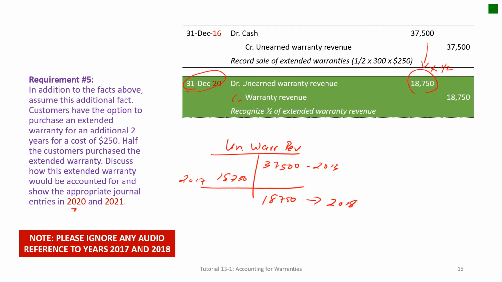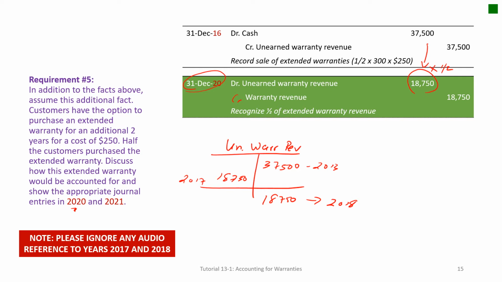And so now we jump ahead to 2017, which is the first year of the extended warranty. It's at this point that we can actually earn a portion of the extended warranty. So the $37,500 times 1/2 is $18,750. So we're actually going to record this. We're going to debit the unearned revenue, which we originally credited, and now we're going to credit the warranty revenue.